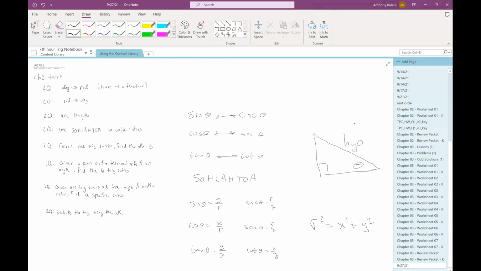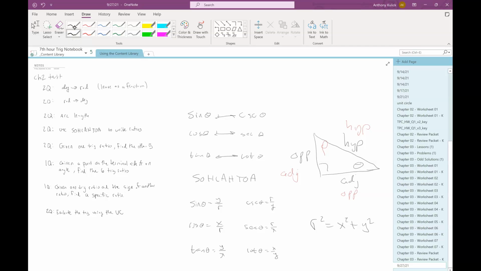The adjacent is the other side that makes up the arm of the angle. And the side across from the angle is the opposite. But if we were talking about this other angle as our theta, that side would now be opposite, this side would then be adjacent, and this would still be hypotenuse. So it depends on which angle you're talking about. Opposite and adjacent switch depending on the angle. Does that feel okay? Yeah. Okay.